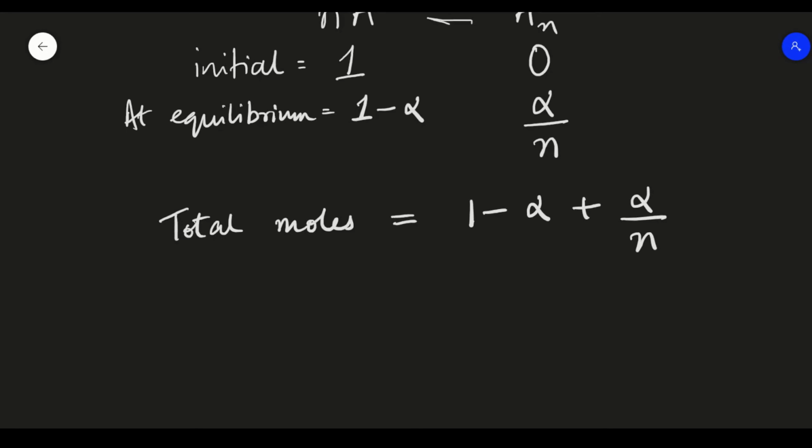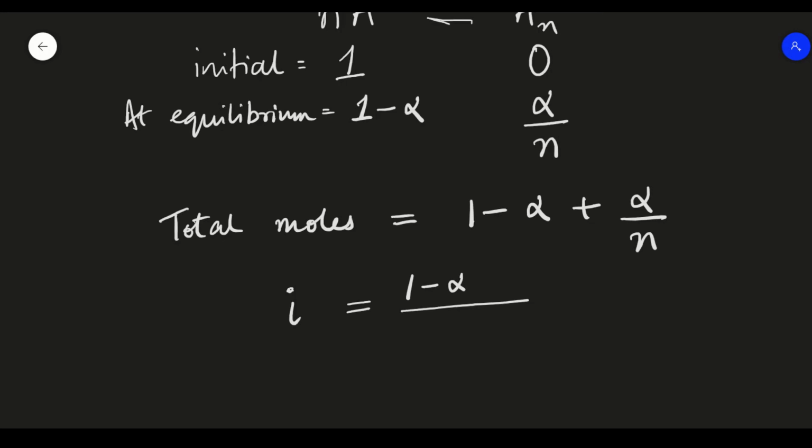Now, when we talk about Van't Hoff factor, it is equal to the observed value of colligative property divided by the calculated or theoretical value of colligative property. The observed value of colligative property is dependent on the number of moles in the solution.